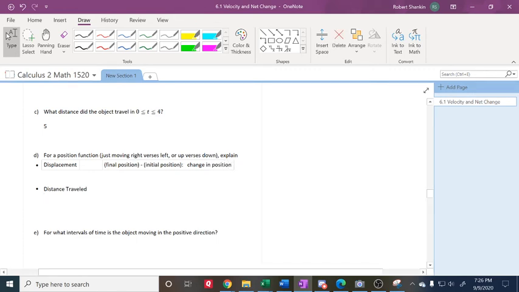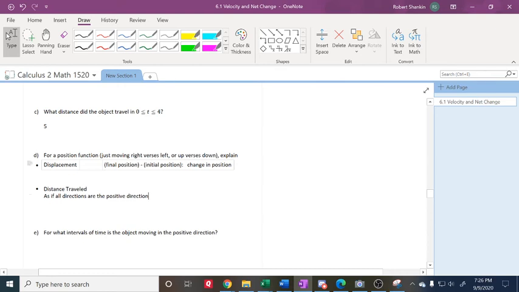Distance traveled is the total distance traveled regardless of the direction. So it doesn't take into consideration the path traveled, as if all directions are the positive direction. And that's right. There's going to be cancellation in displacement, possibly, but never in distance traveled.